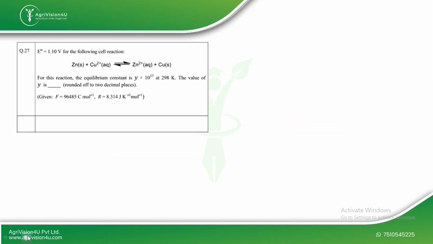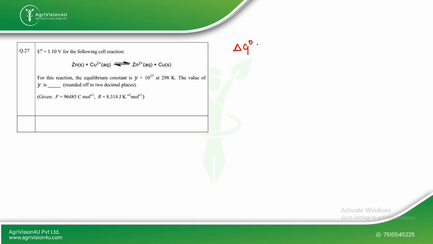The next question is from the electrochemistry topic. It's given that E naught is equal to 1.10 volt for the following reaction. We have to calculate the equilibrium constant. What will be the equilibrium constant?